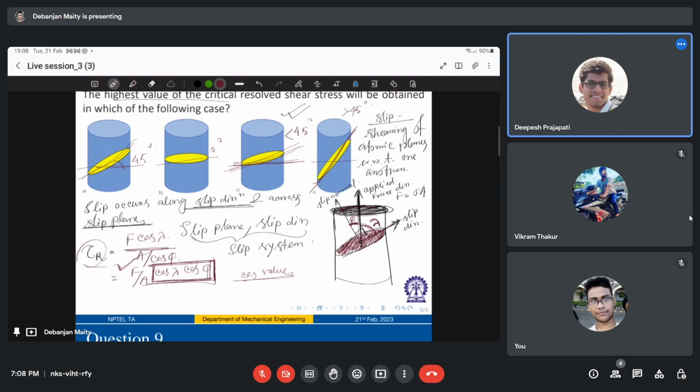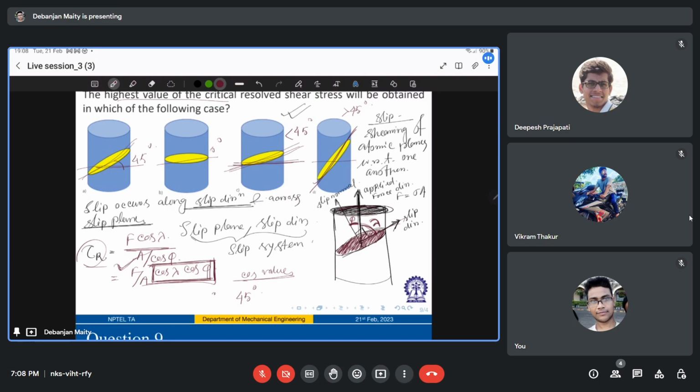Exactly, the first 45 degree will be highest. So cos 45 degree will be giving you the highest value. Whenever this angle will be 45 degree, that time this tau will be highest. Correct? Yes, sir. Okay.